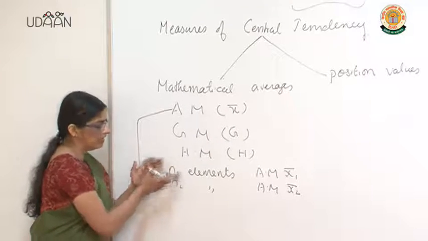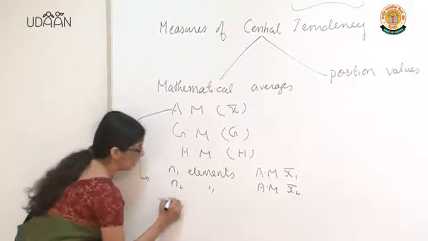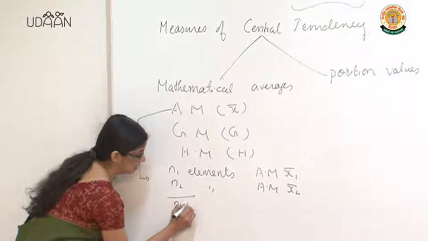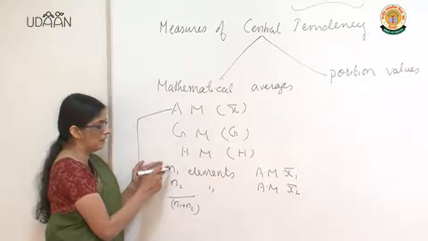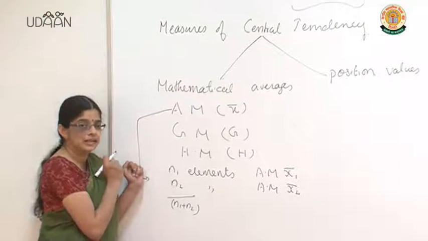Now I am going to mix these two groups. So total I will be having how many elements? n1 plus n2 elements are there. Let us find what will be the average of these n1 plus n2 elements.